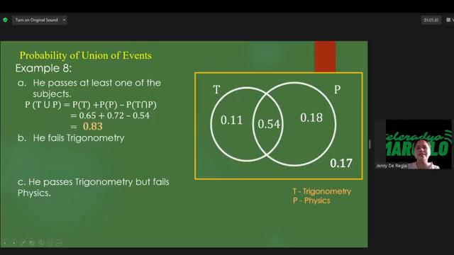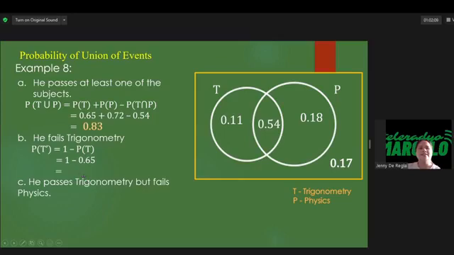So we need to use the probability of the complement of an event. So the probability of the complement of an event, T' or T complement, is equal to 1 minus the probability of passing the subject trigonometry. Okay? So 1 minus 0.65.